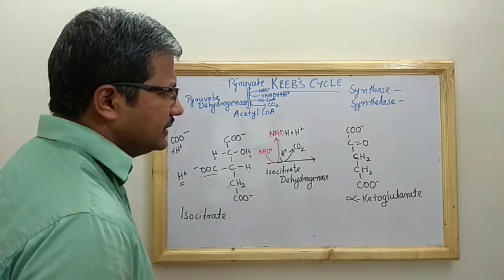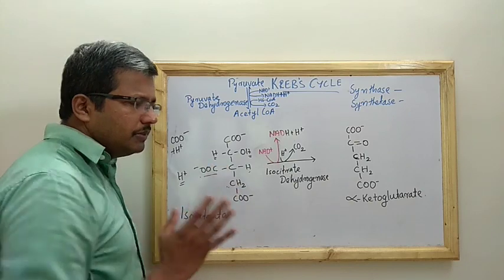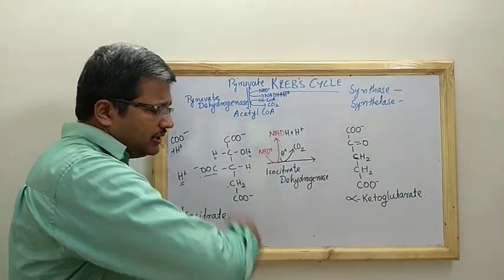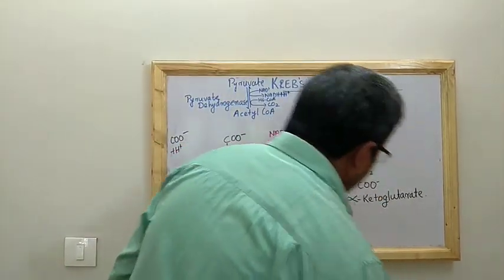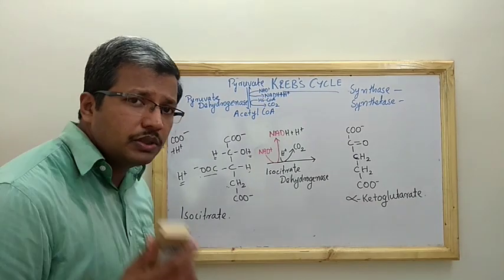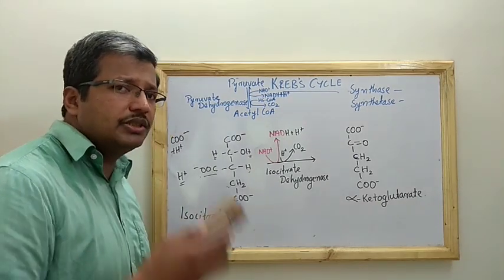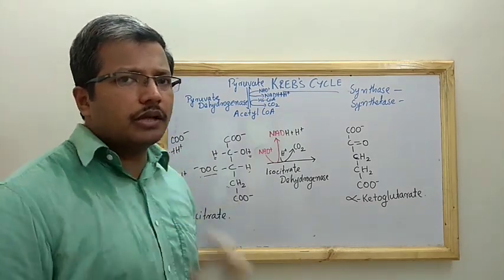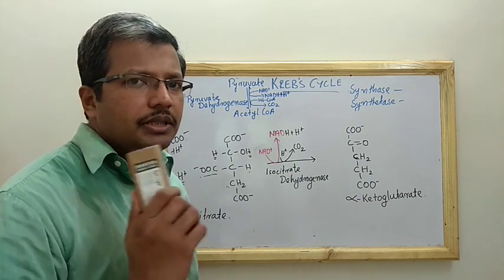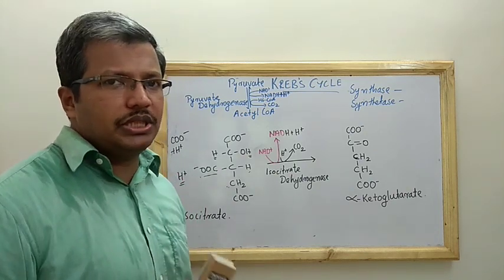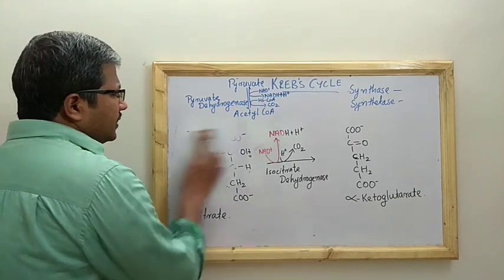So let us see the next step. I am just drawing it in this way, but make sure that you are drawing in the cyclic fashion. Clear? Don't forget what is oxidative decarboxylation and what are the 3 oxidative decarboxylations happening in terms of glucose oxidation. So let us see the next step.